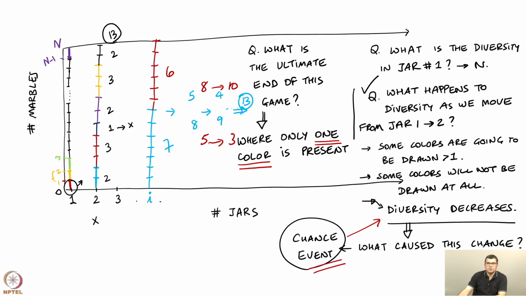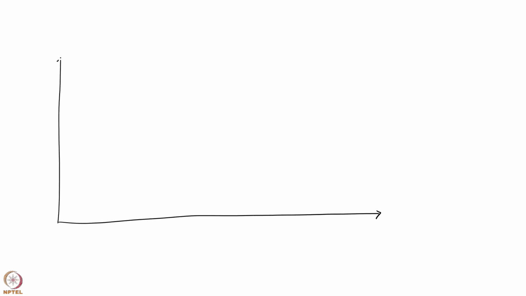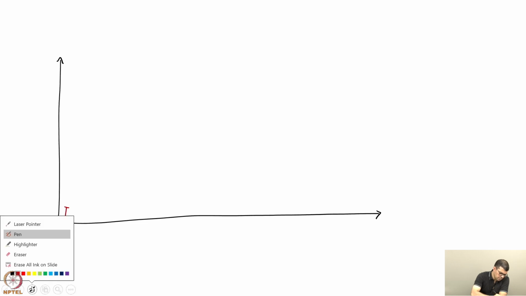We next want to draw some parallels of this game with how an evolutionary process proceeds. But before we do that, let's go back to our game. Let's go back to our representation and see how this looks. I started with one marble of each color.